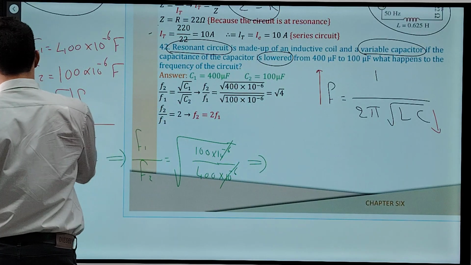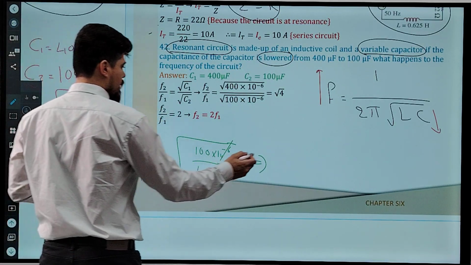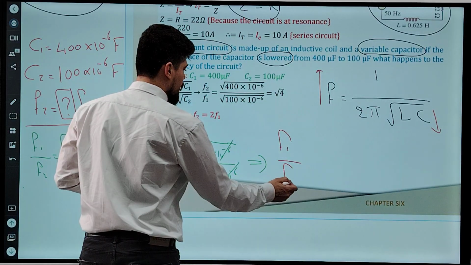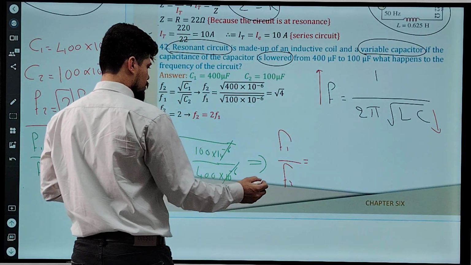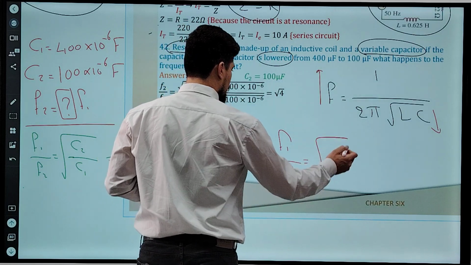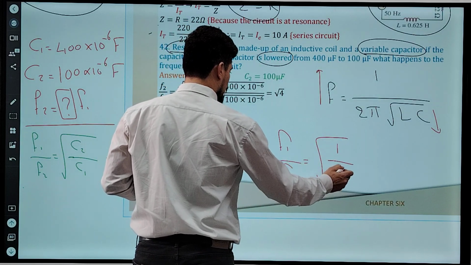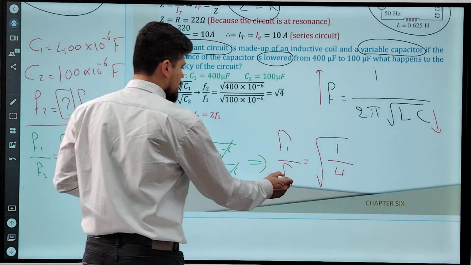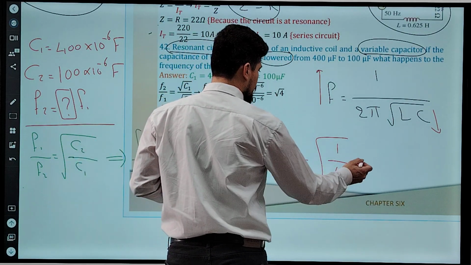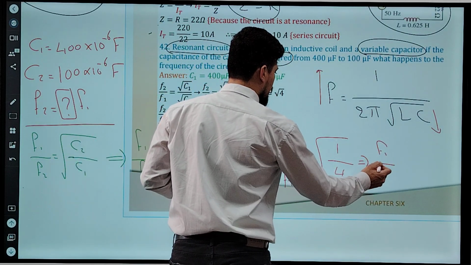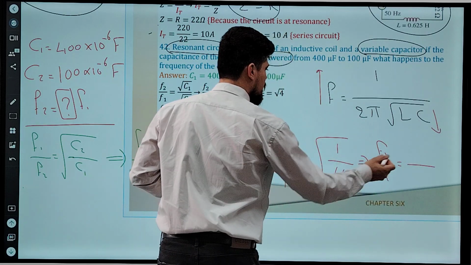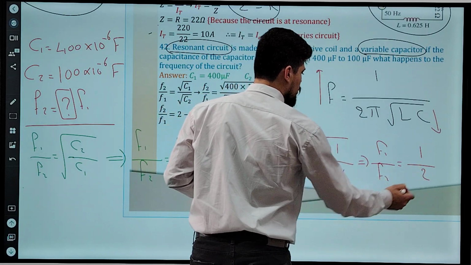So what does remain? F1 over F2 is equal to what? 1 divided by 4. Okay. So by taking the radical, F1 over F2 is equal to what? Radical 1 is 1. Radical 4 is 2.